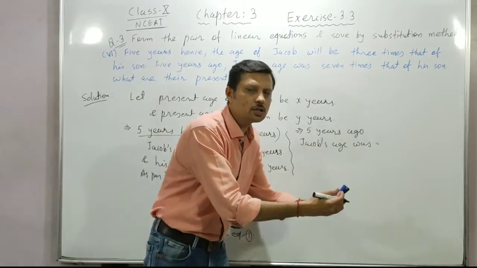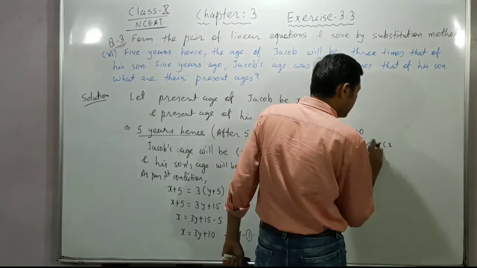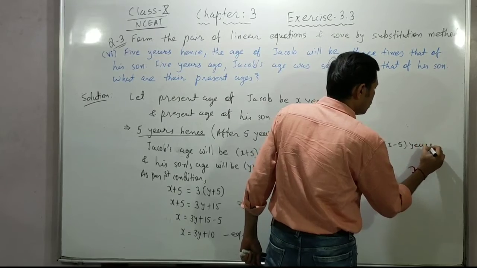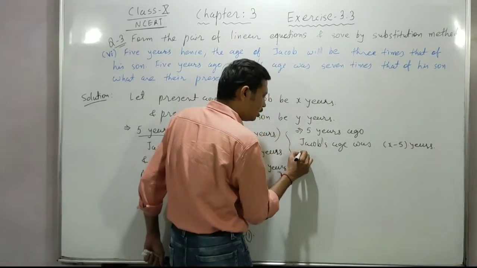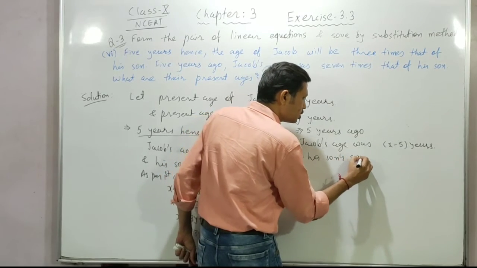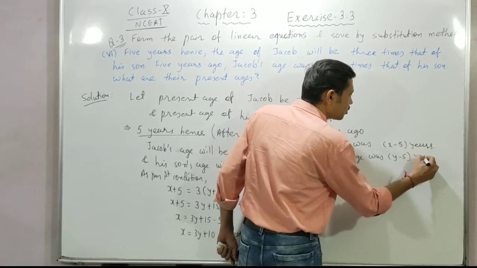So from the present age, we have to subtract the 5 years. So that is x minus 5 years. Okay, and his son's age was y minus 5 years.